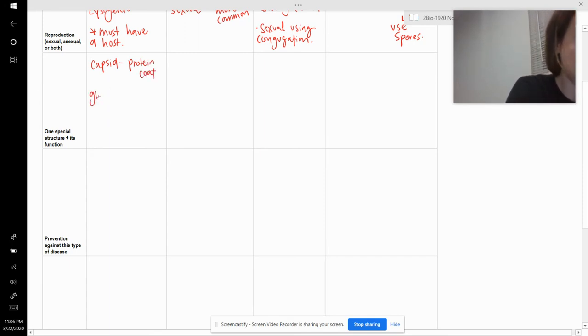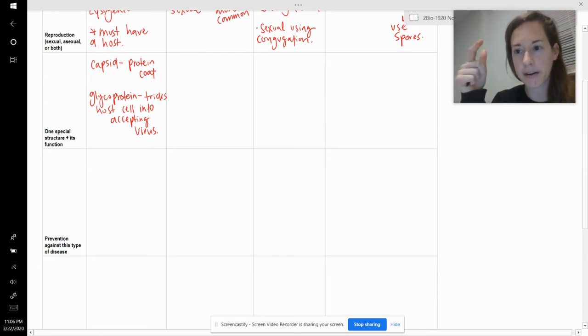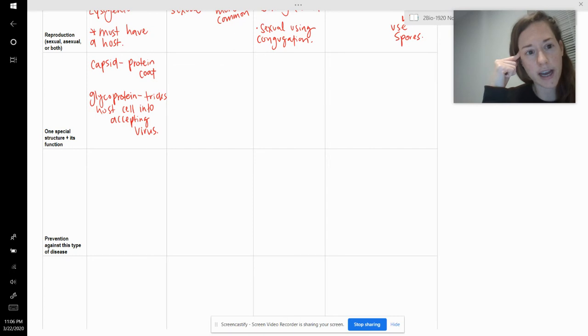You could have glycoprotein, which I'll say tricks the host cell into accepting the virus. You also could have viral envelope, which is like a membrane that goes around the virus. And you could even have genetic material, DNA or RNA. That's pretty much it for a virus.